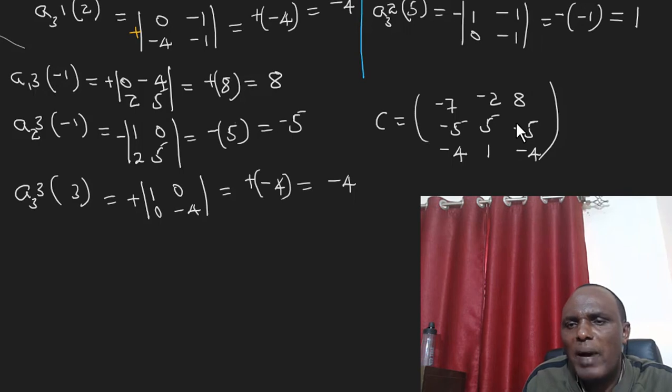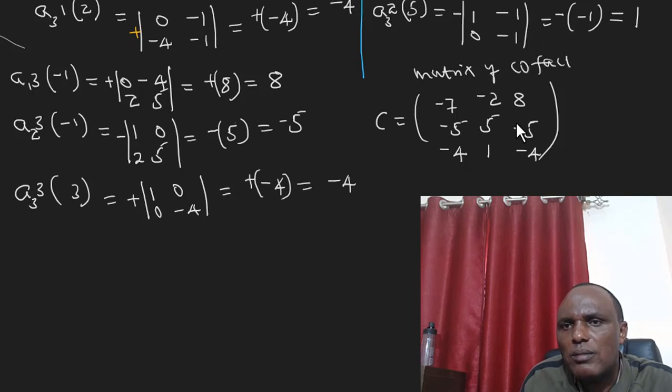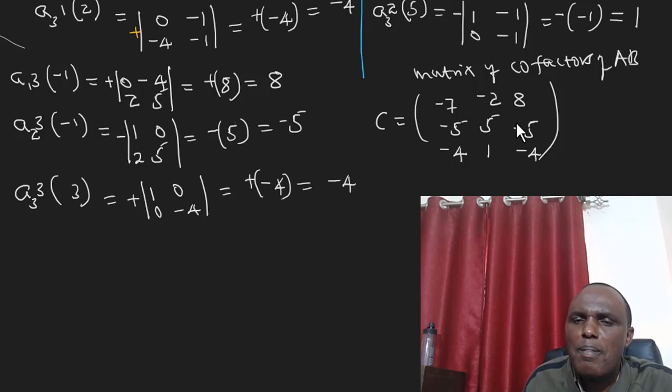That is the matrix of cofactors of A. After we get that matrix, we need to transpose that matrix.